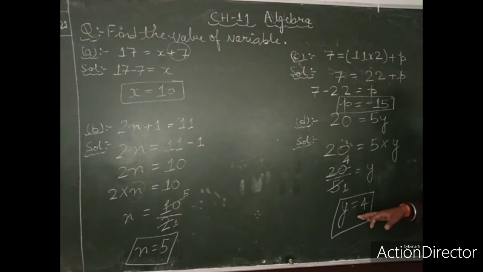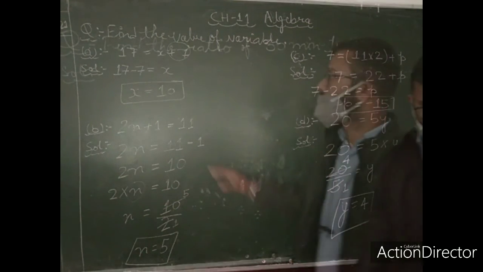Now we again check our answer. When we put the value 4 in the place of y, 5 fours are 20 and 20 equal to 20. So left hand side equal to right hand side. So here we get the correct answer, y equal to 4.